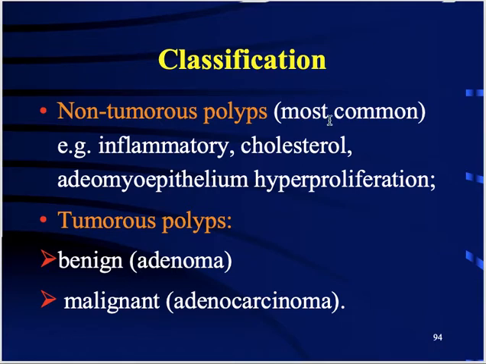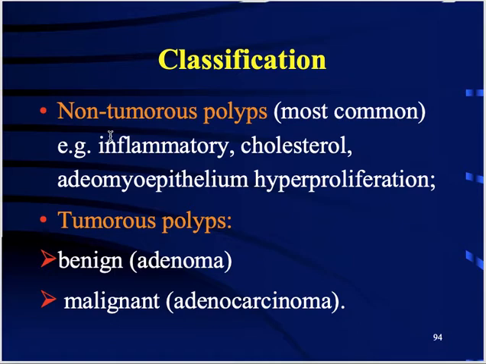So simply, in other words, you can say the most common masses in the gallbladder are not cancerous, they are benign, and they could be adenoma, or they could be polyps or pseudotumors, which can be as a result of cholesterol stones or cholesterol polyps, okay, or which can be due to adenomyoepithelium hyperproliferation, or it could be due to some inflammatory processes.